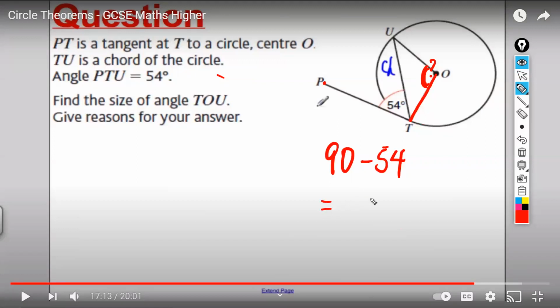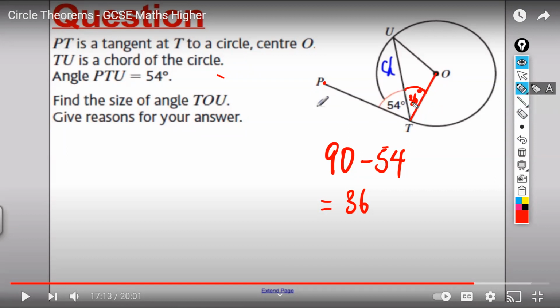And how much is that? 36 degrees. So here, guys, is going to be 36 degrees. Cool. Makes sense? Because 36 plus the 54 give me 90. Right? So here has to be 90 degrees because it meets the tangent at the radius.